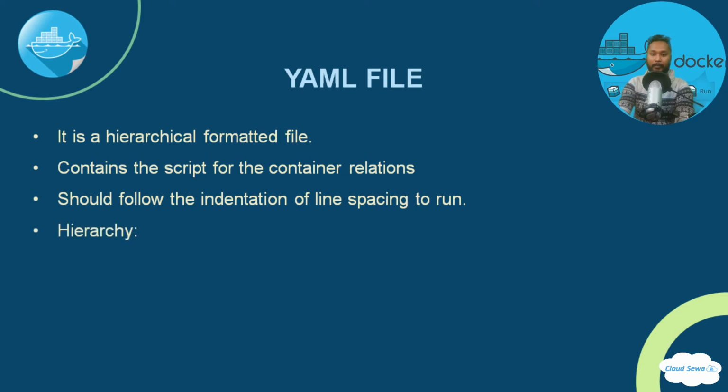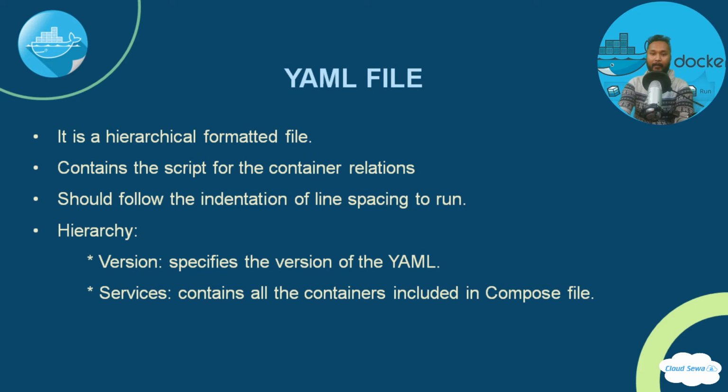And let's see about the hierarchy. At first we specify the version of the YAML file, and then we have the services, which contain all the containers inclusive of the compose file.